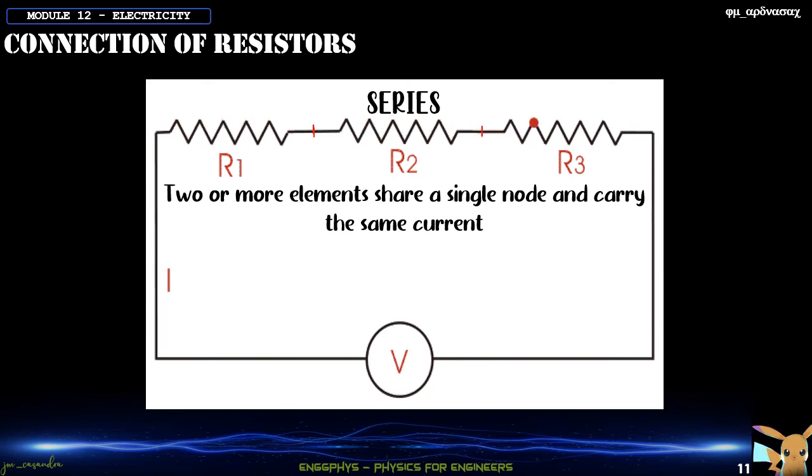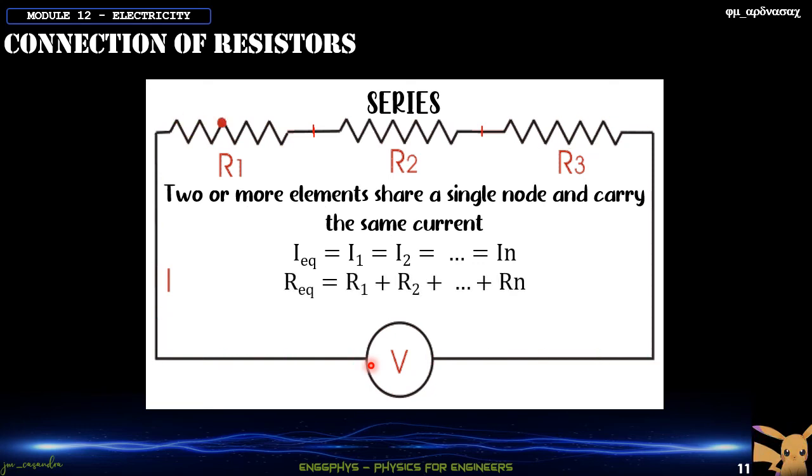In that case, with respect to our resistance, our current, and our voltage, for a series connection, the current for all of our resistances will be equivalent to each other. So it's constant. The same current would also be the value that passes through our source, or our voltage.